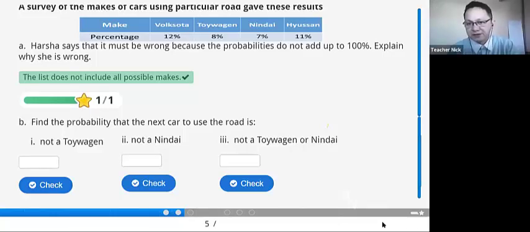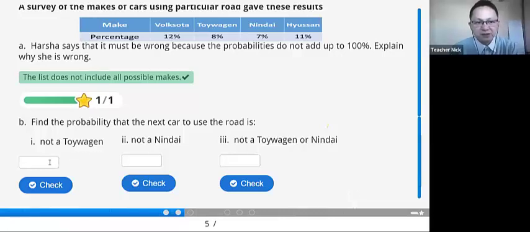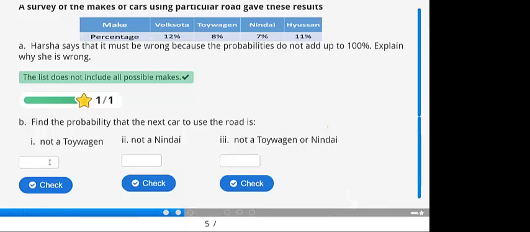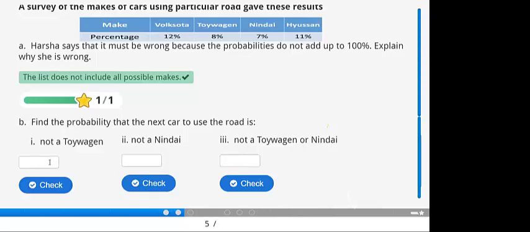Can I ask Dui Bao? Tang Tran Dui Bao? Yeah. All right. How about in letter B, 1 I? Not a Toy Wagon. How many percent? 92%.